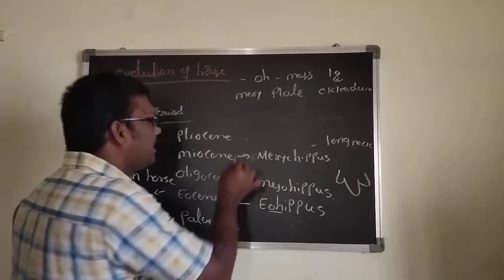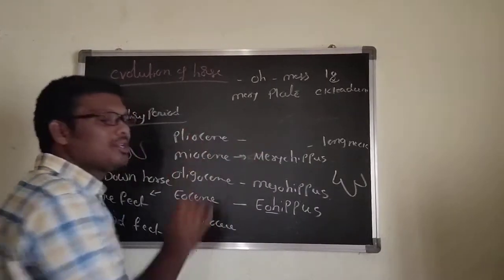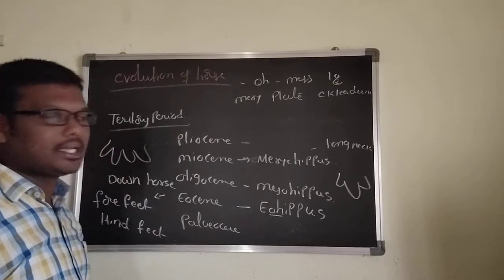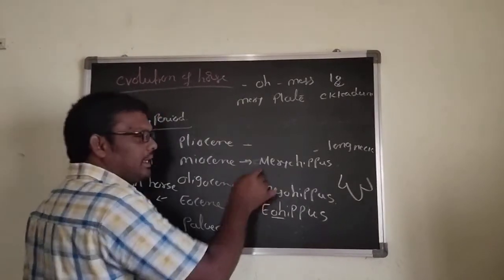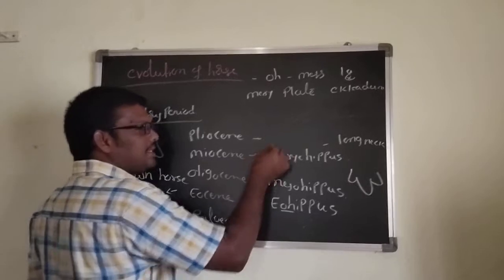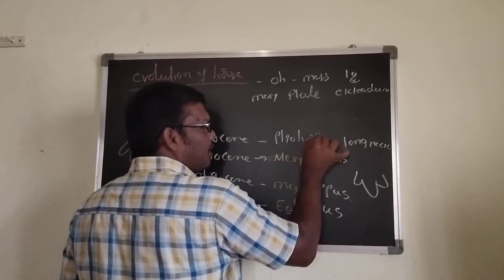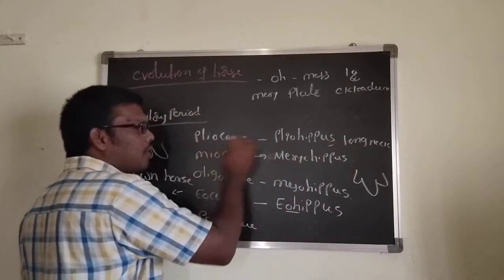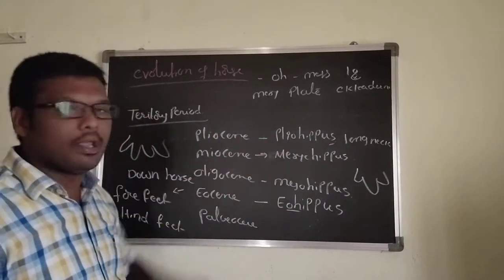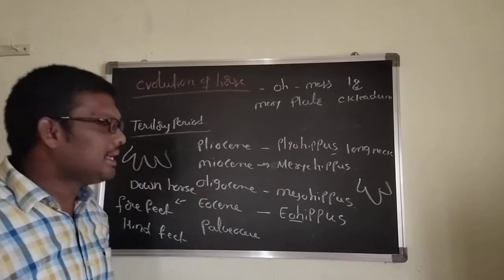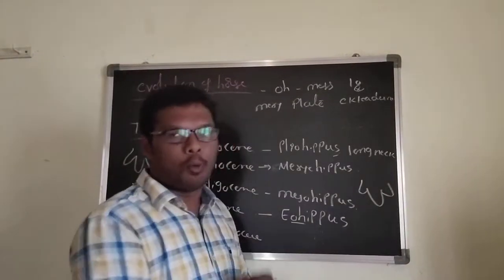The next one is the Pliocene epoch. After Merychippus, the next one is Pliohippus. Based on the epochs only, they named it Pliohippus. Very important, Pliohippus looks like a modern pony.